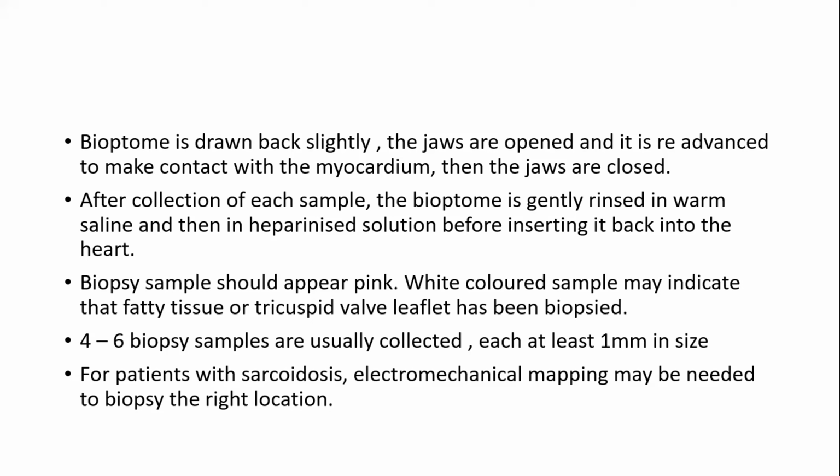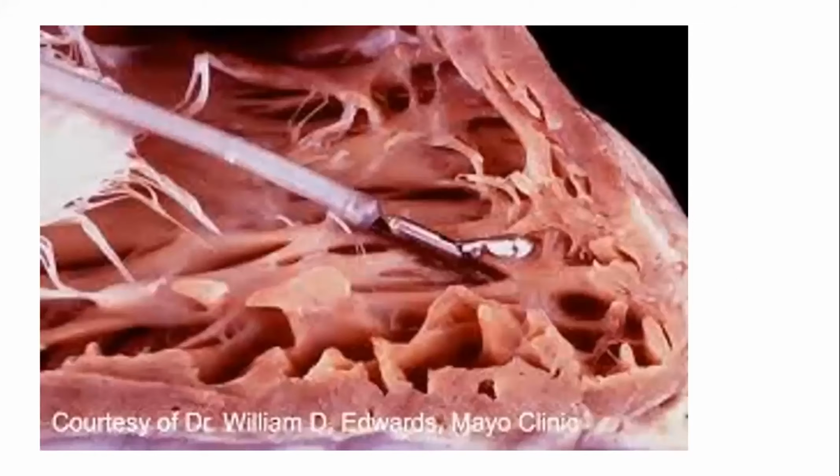And then for patients that have conditions like sarcoidosis, electromechanical mapping may help to locate the areas where the abnormal tissues are, so as to know the right location to biopsy. It just shows a picture of the biopsy that is being done.